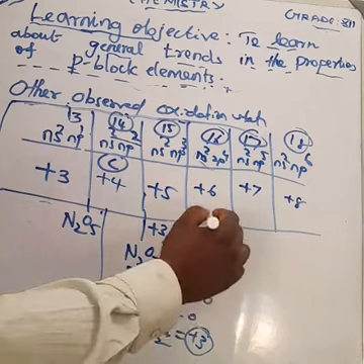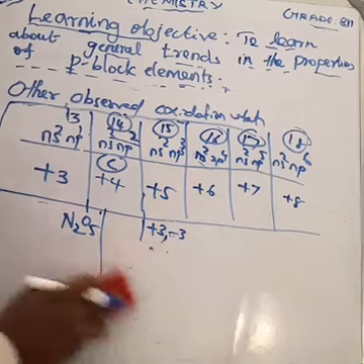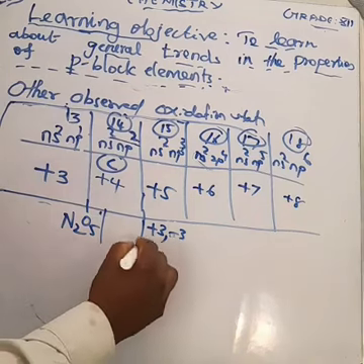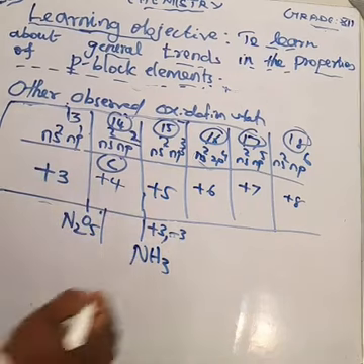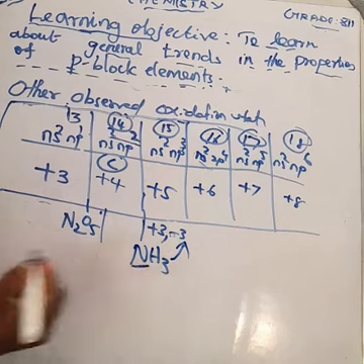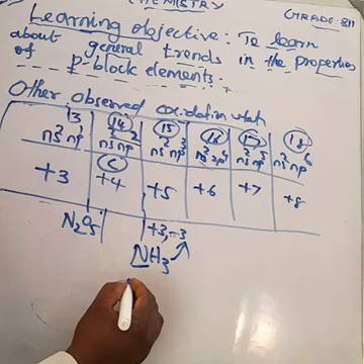What about the minus 3 oxidation state in the 15th group? Okay, I am taking ammonia. What is the formula for ammonia? NH3. We find out the oxidation state for nitrogen in ammonia. Am I right? So ammonia formula is NH3.